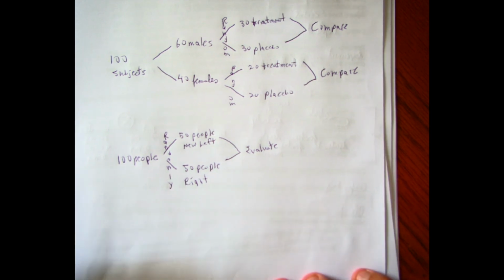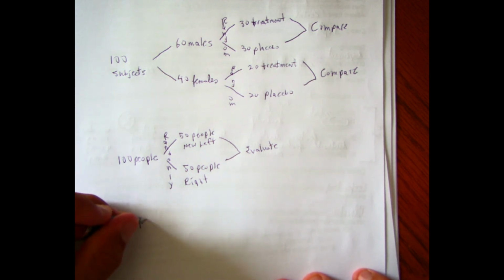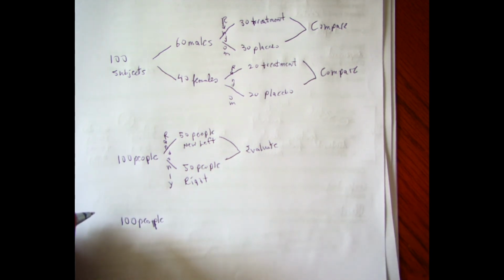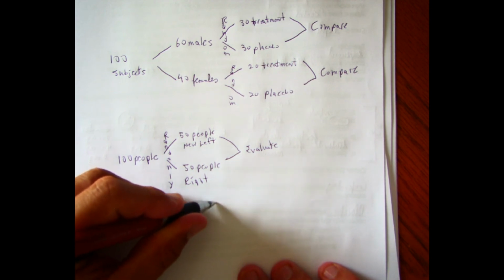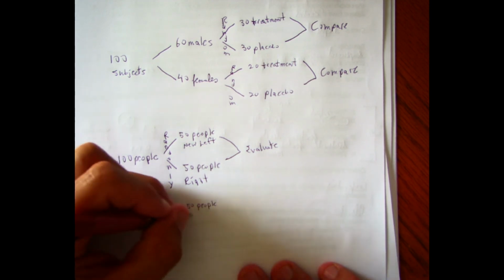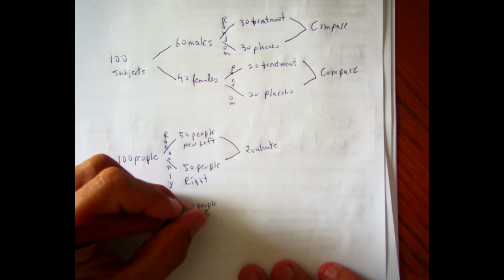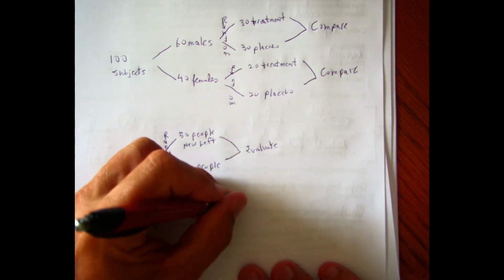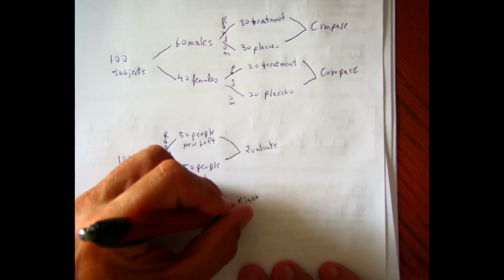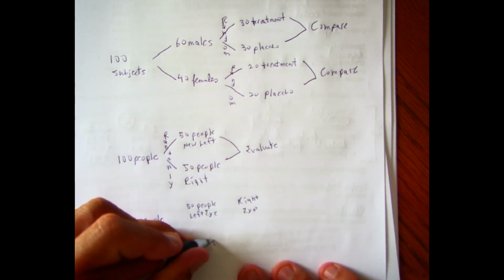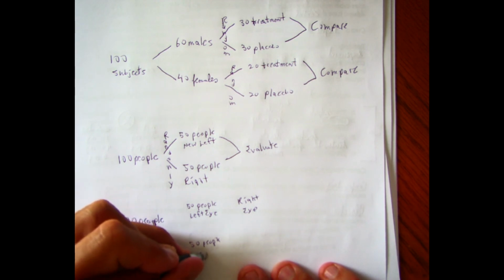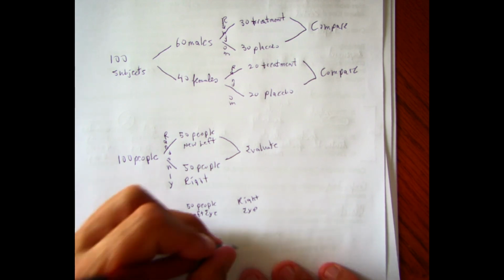The other way I could do this is I could say, okay, I'm going to give you this solution for 2 months. You would do 50 people do the left eye first, and then the right eye. And then 50 people will do the right eye first, and then the left eye.